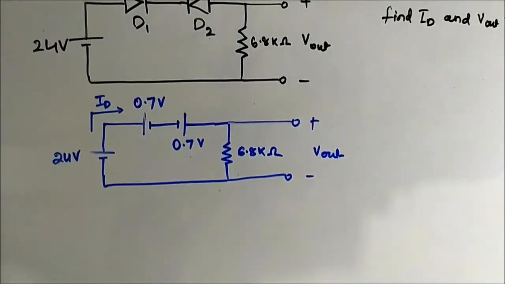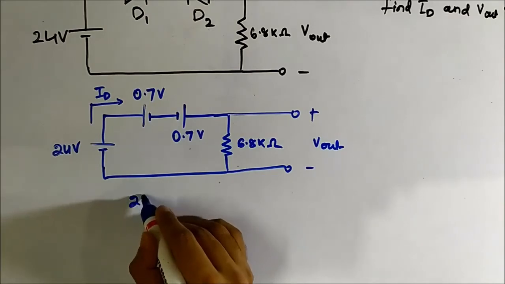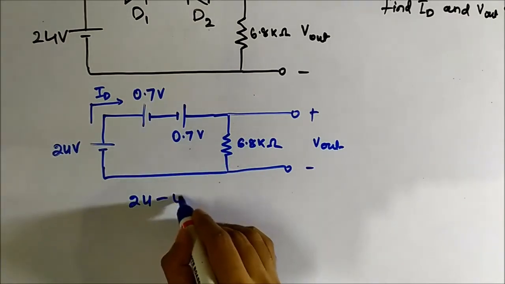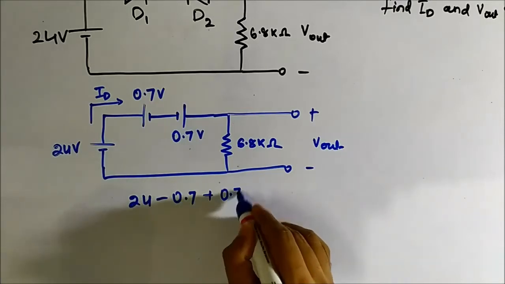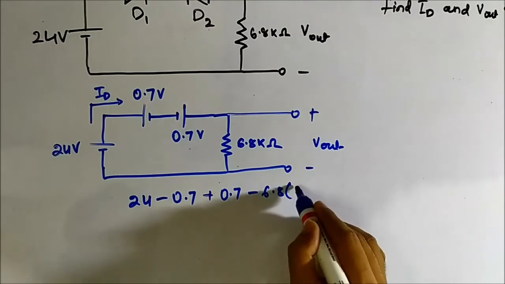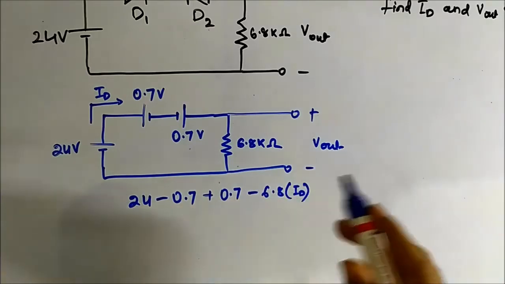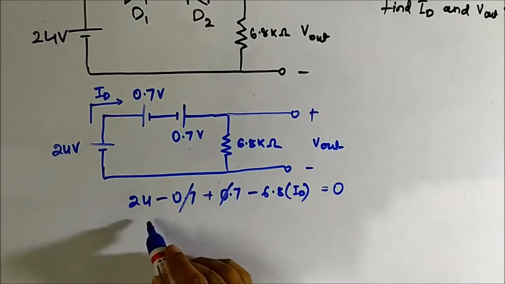When we apply KVL here, it will be 24 minus 0.7 plus 0.7 minus 6.8 ID is equal to 0. These two get cancelled out.